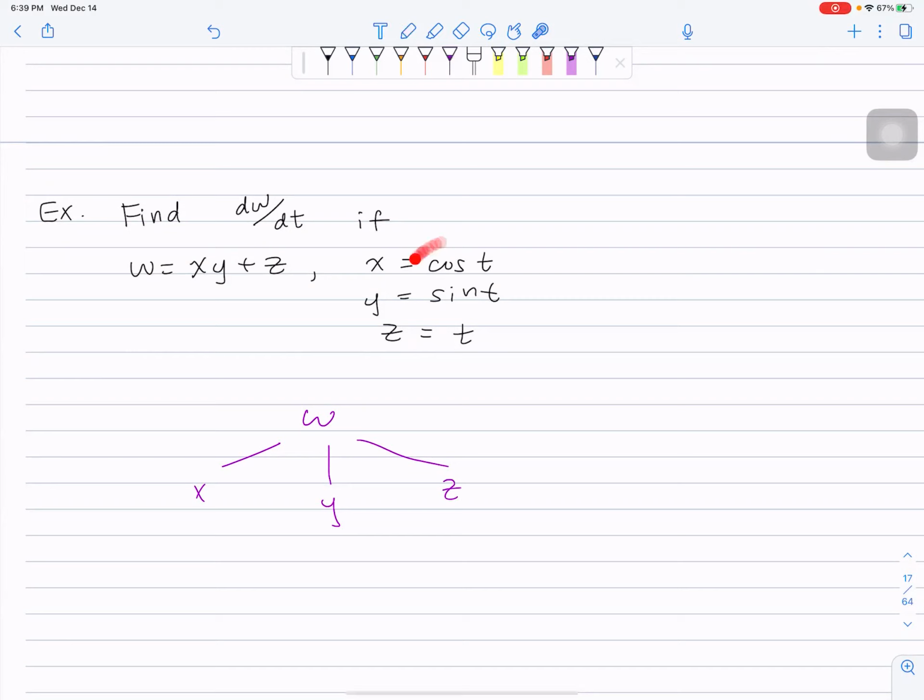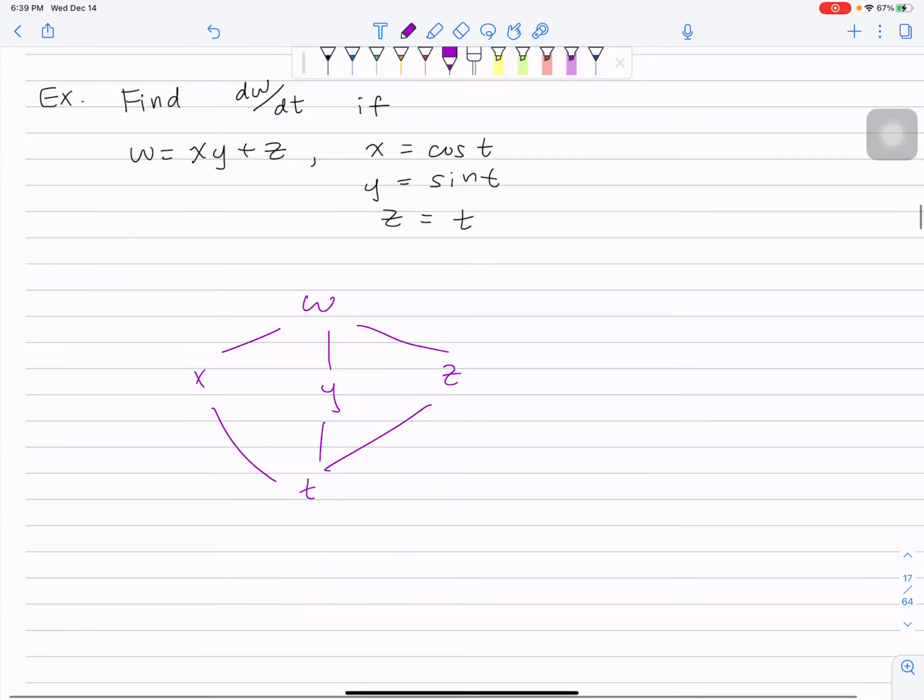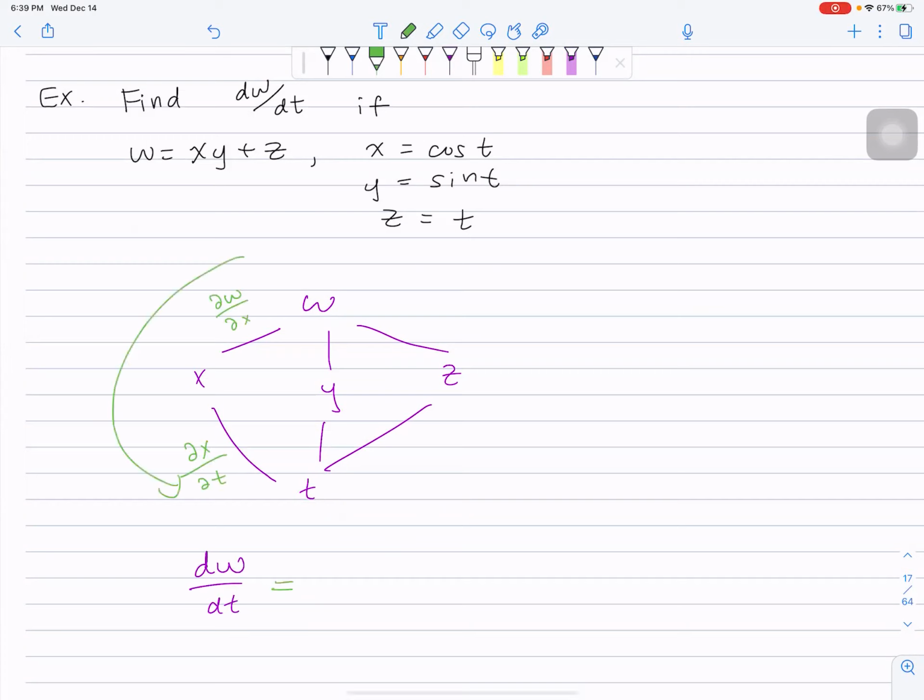X is some function of t, so I can write a t here. Turns out that y is also a function of t, so I can write another line. And z is also a function of t. And so the derivative of w with respect to t is going to be: my first path is the green path, w with respect to x, x with respect to t.